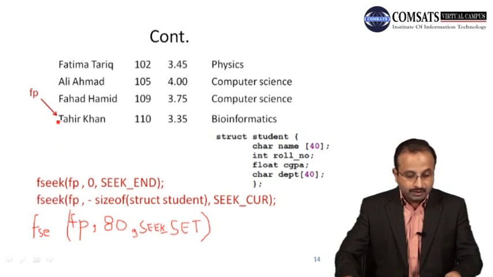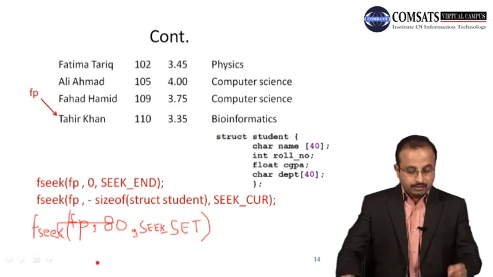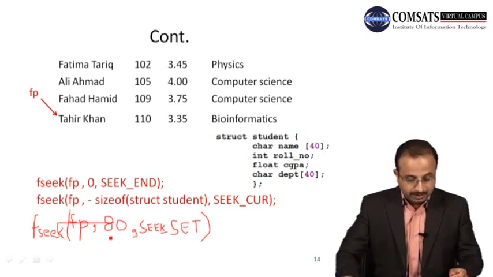Currently the file pointer points to the last record, that is Tahir Khan, right? So if we execute fseek, the second parameter is 80, the third parameter is seek set.